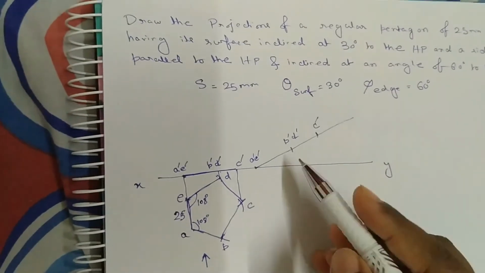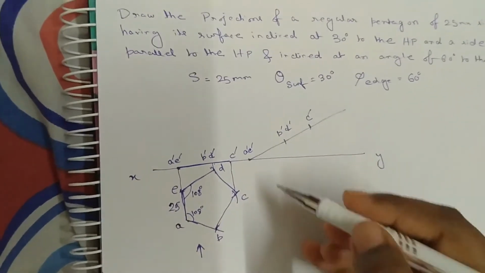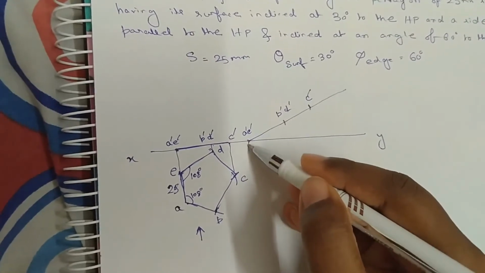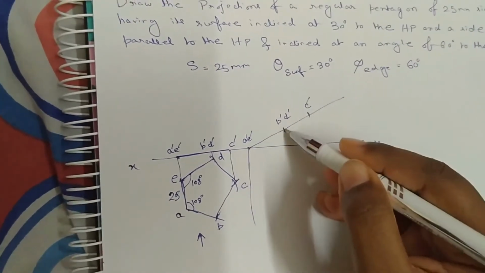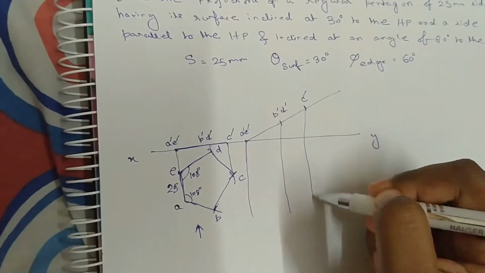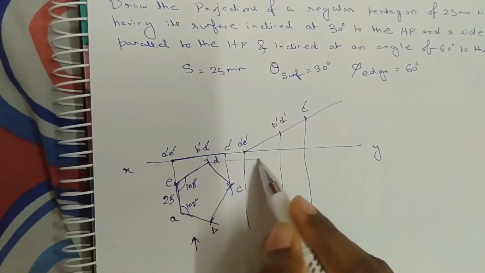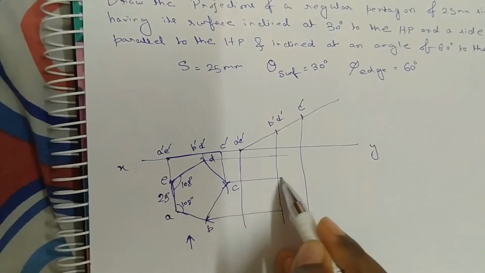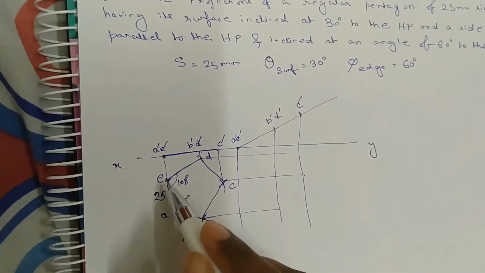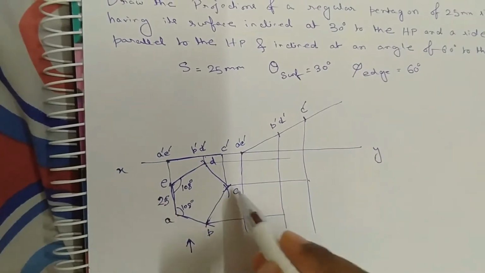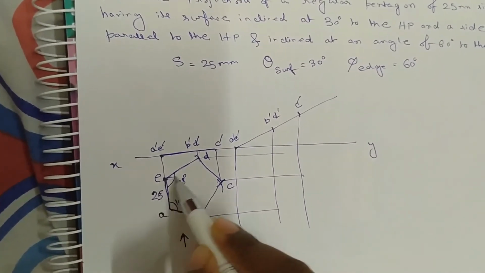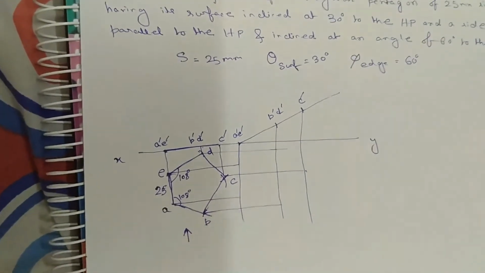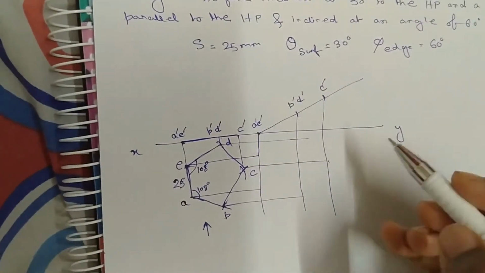After that, we need to get our top view. How we are going to do it? We will extend all the points from the front view to the top view.